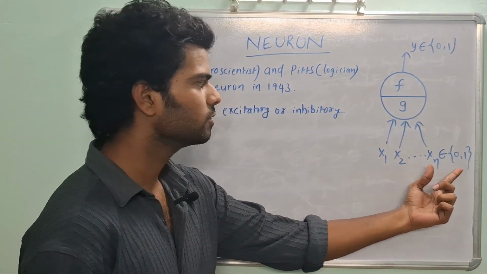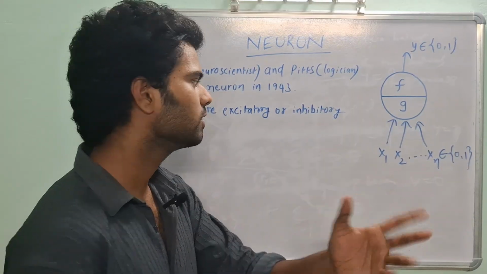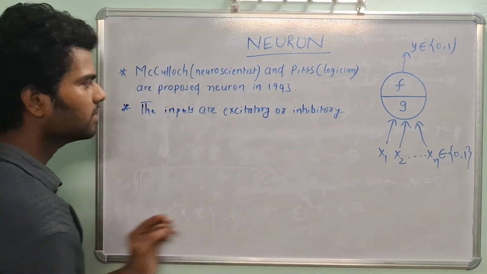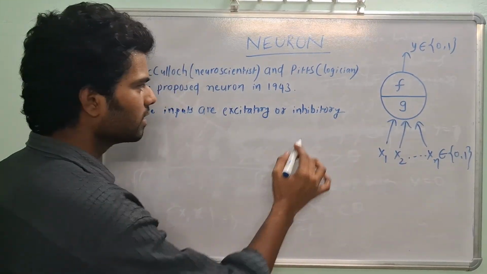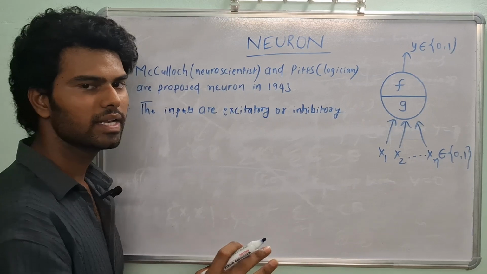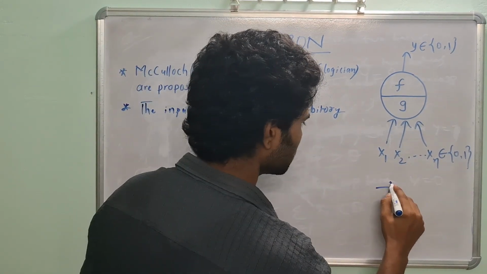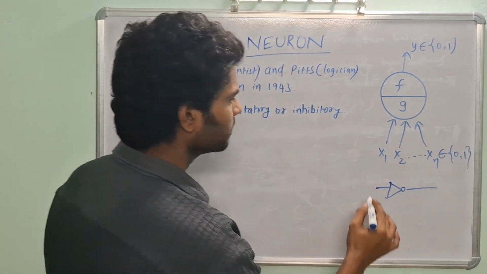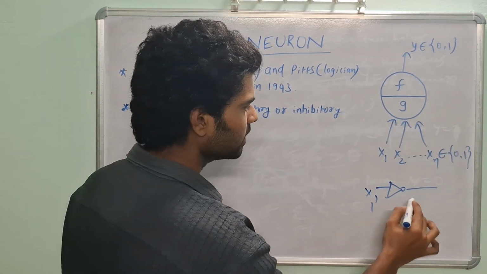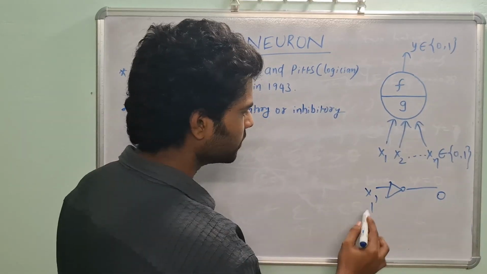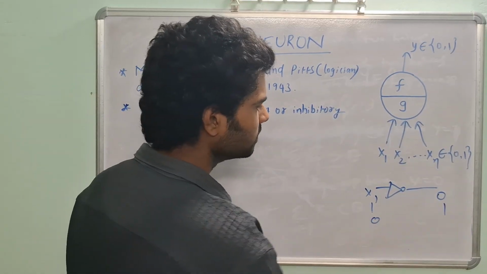The inputs should be in binary format only, either 0 or 1. Excitatory means normal inputs only, but inhibitory is like a NOT gate. This is an x1 input. If you give input as 1, it converts to 0. If you give input as 0, it converts to 1.